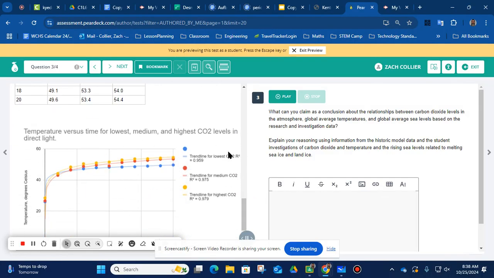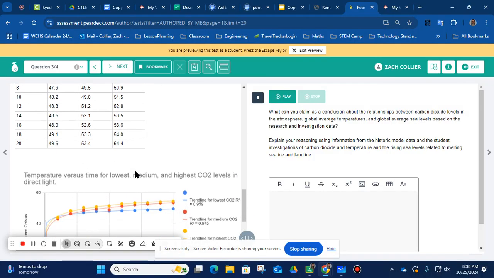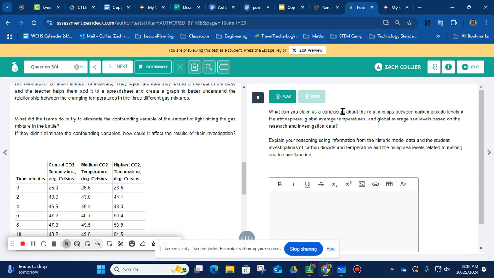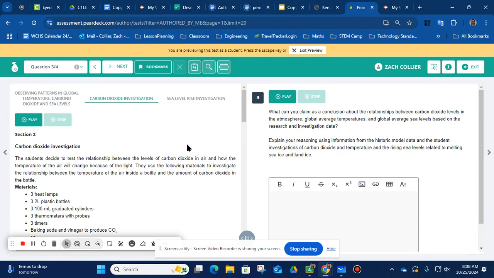You can reference the graph, or you can reference the numbers from the data table. But you need to use something specific from this investigation to support your claim. So that the more CO2 there was, the higher the temperature was able to get, and the faster, something to that effect. And then let's go back to the top.